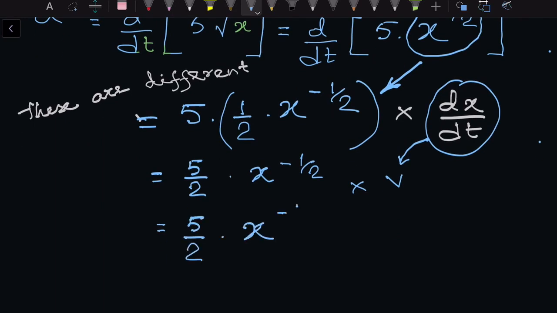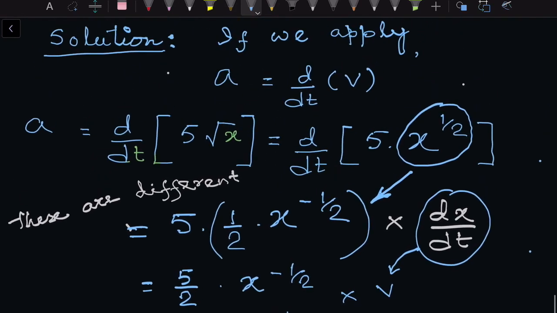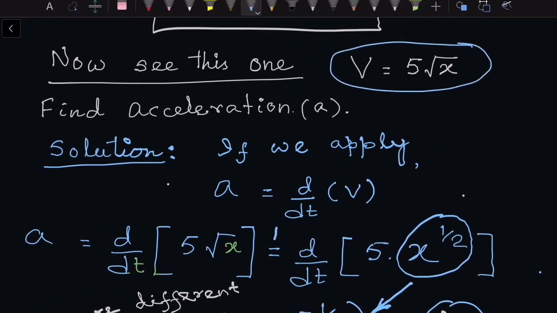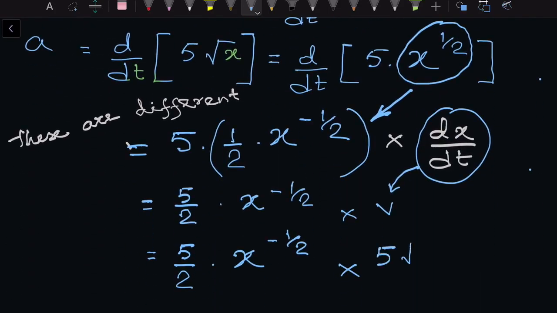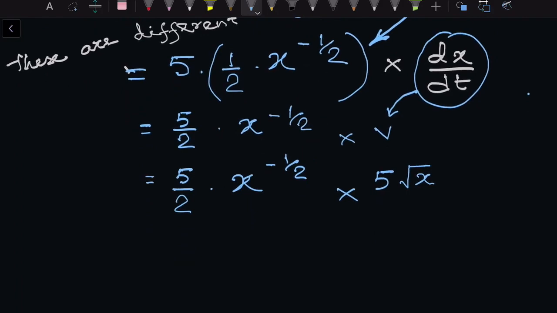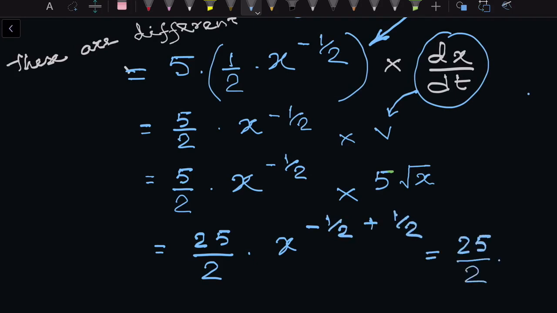So 5 by 2 x to the power minus half into v. V was given as 5 root x. Now root x means x to the power half. So 5 into 5, 25 by 2 into x to the power half minus half. So the answer is 25 by 2 x to the power 0, that is 25 by 2 only.